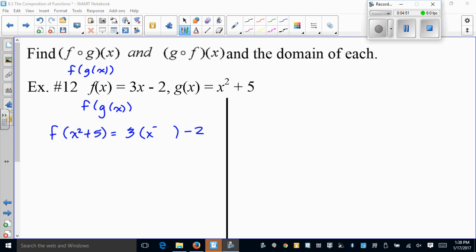So this is going to give me 3x squared plus 15 minus 2, or 3x squared plus 13. Now it also asks for the domain. The domain of each of these is all real numbers, so anytime you put all real numbers together as a composition, your domain will be all real numbers.